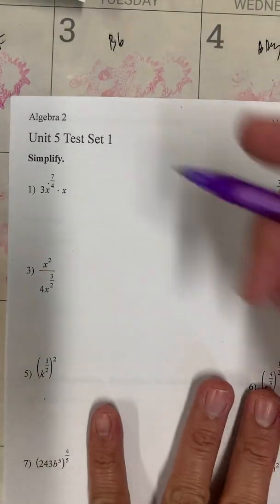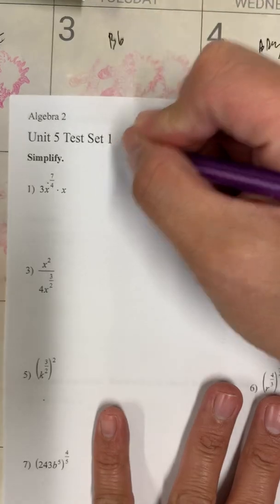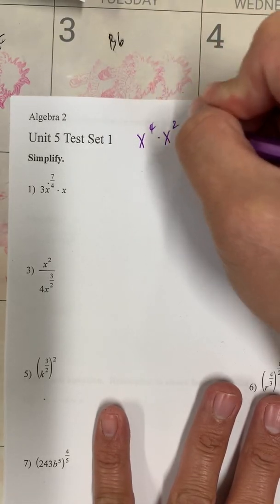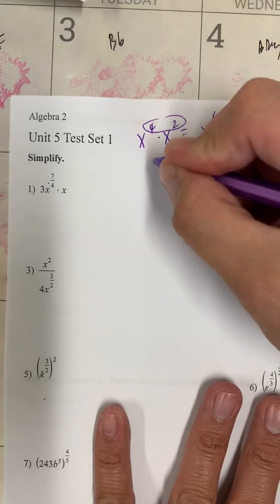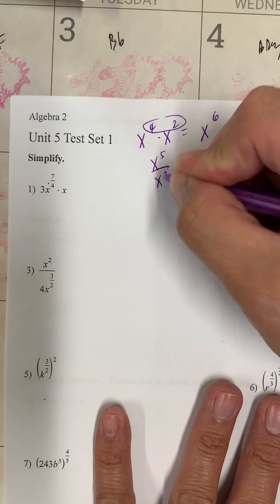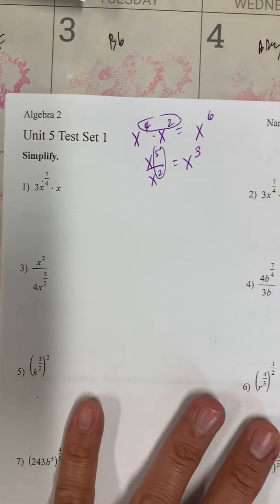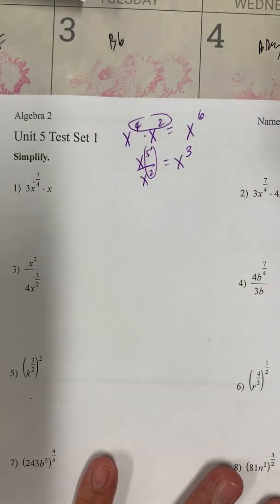So simplify. You should know the properties of exponents, that when you multiply x^4 and x^2, that gives you x^6. You add those. If you have x^5 divided by x^2, you subtract those, that becomes x cubed. Those are the basic things that you have to know from here. And then that's the product rule, quotient rule.